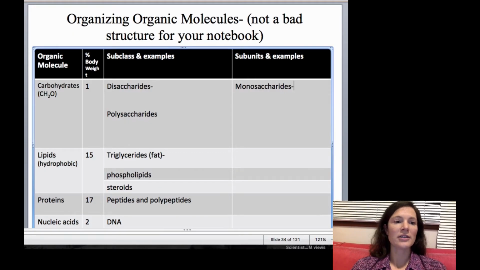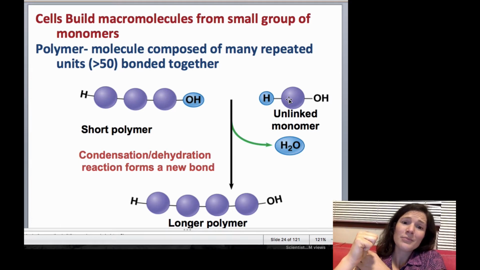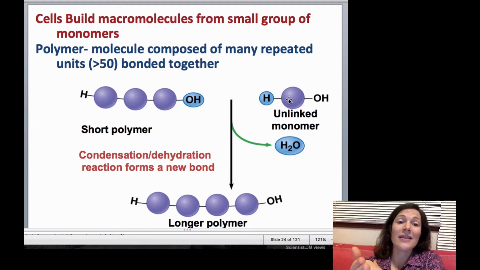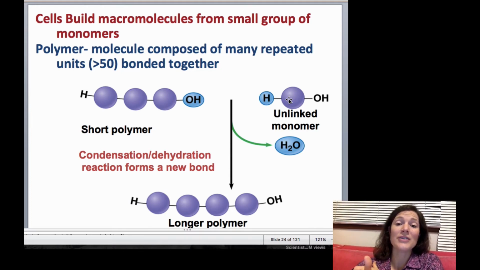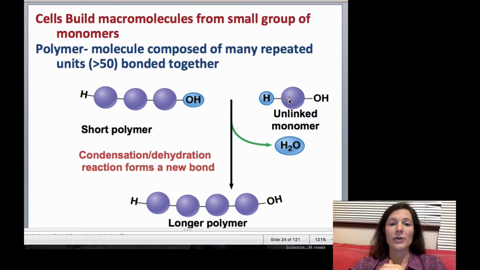Then we talked the other day about how you build a bigger subunit from a smaller one. In this case, we looked at sugars like glucose and fructose, and then we'll also see that this condensation reaction applies to making triglycerides, and we're going to look at this other molecule today.